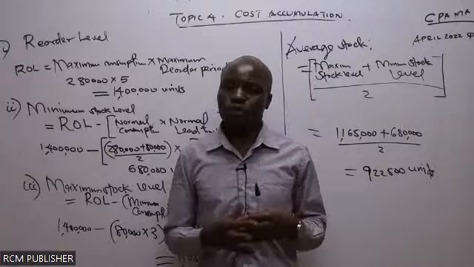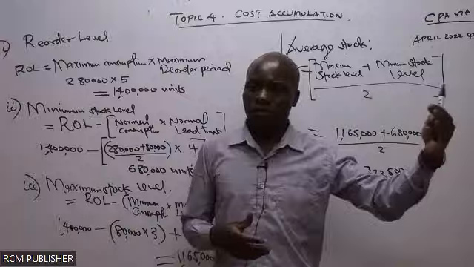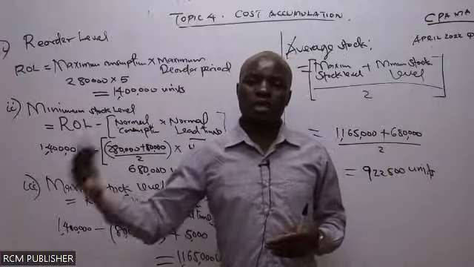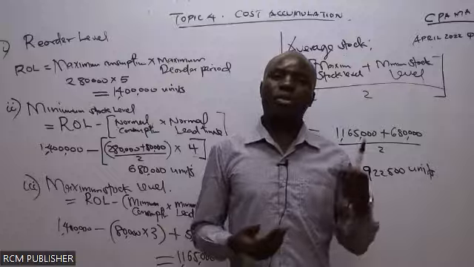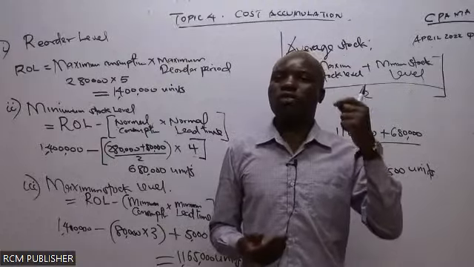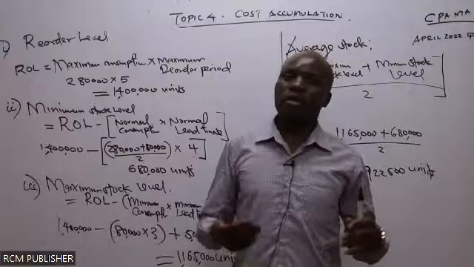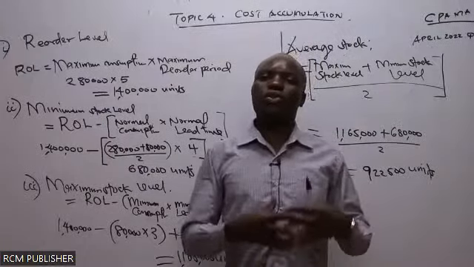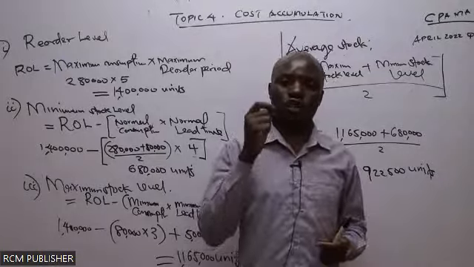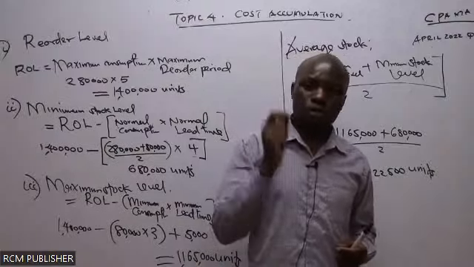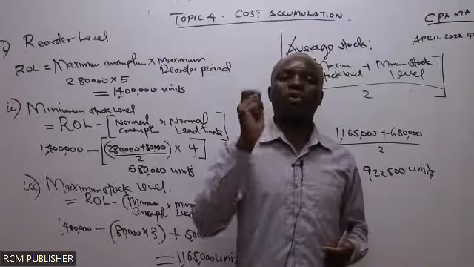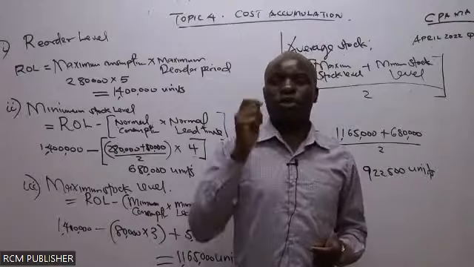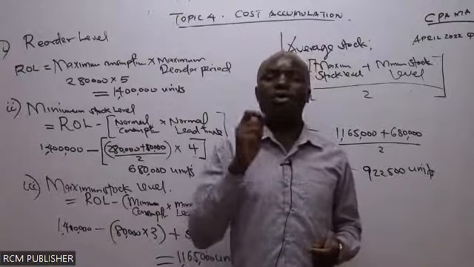So bringing demand from the market side, bringing in the cost of taking care of these goods as they are still in our premises, waiting for the final user to come for them, then merging those two will make us arrive at a central point. That central point is what we call economic order quantity.